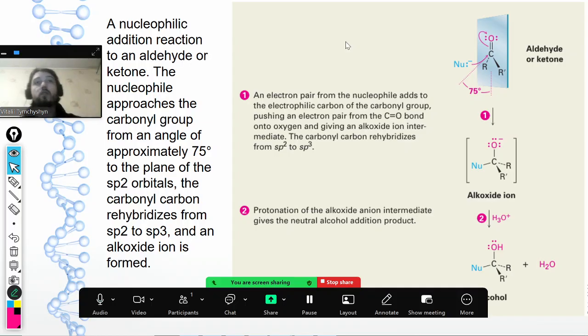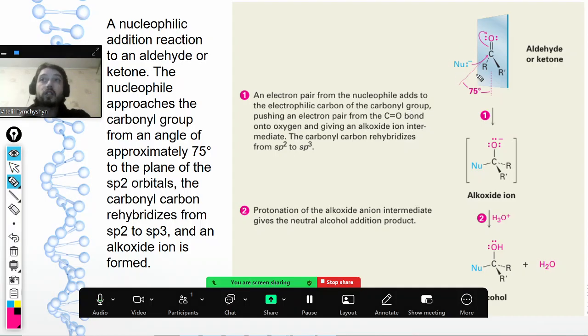So let's focus on that. In this case, the nucleophile, so that's why it's nucleophilic addition. If that were an electrophile, that would be electrophilic addition. But this is a nucleophile, so we have a nucleophilic addition.